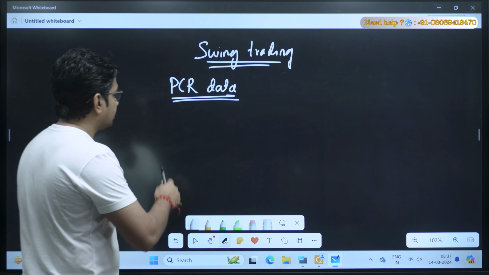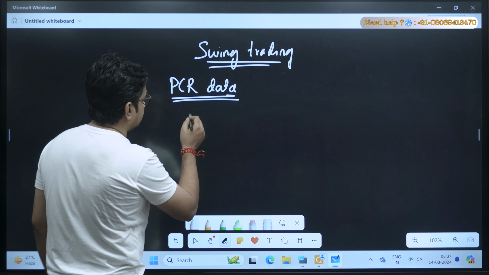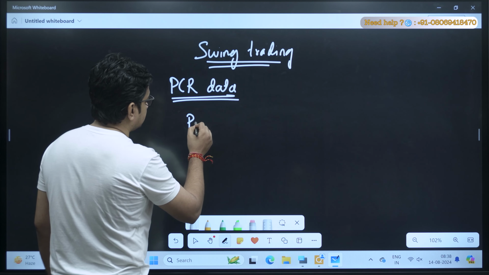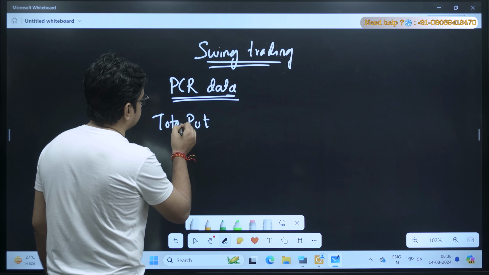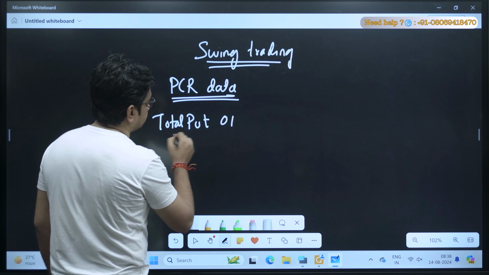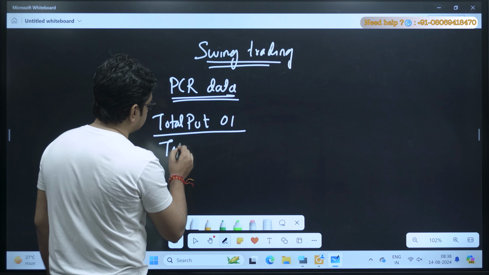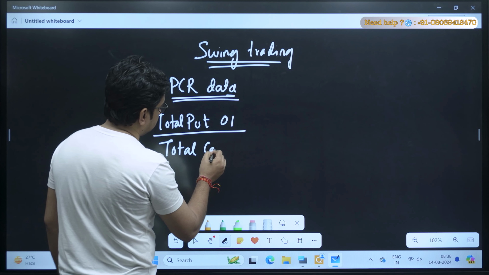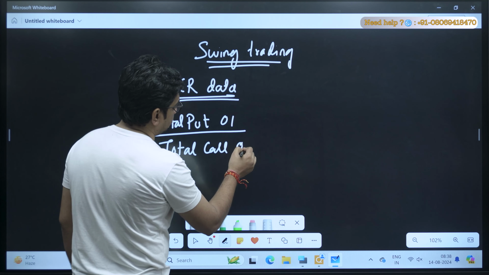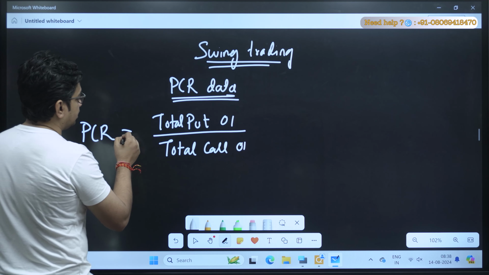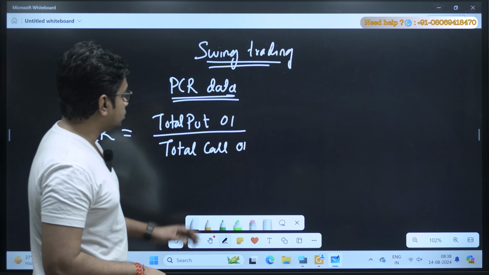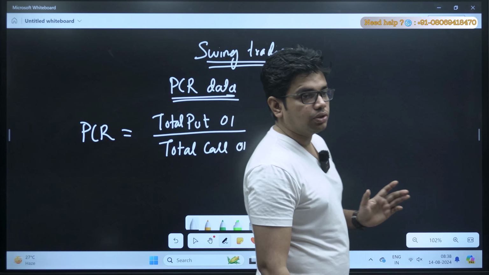See, here put call ratio means in the numerator, total put OI, and in the denominator it is total call OI. That is your PCR ratio. So, total put OI and total call OI.